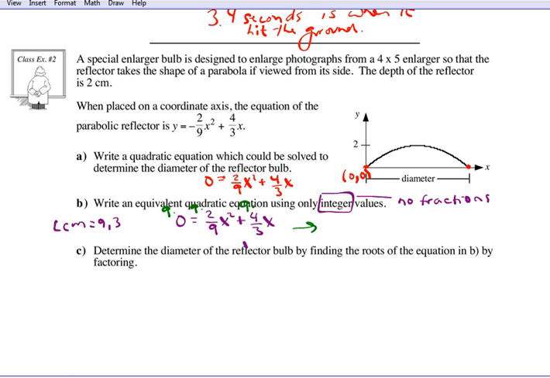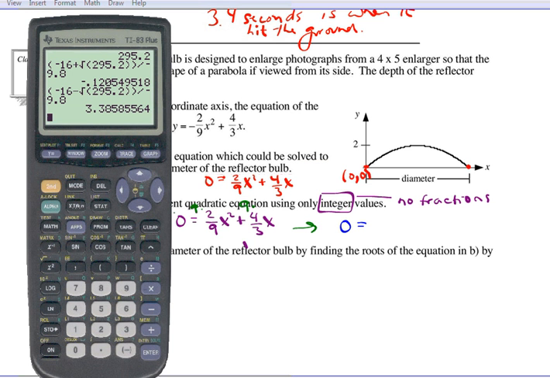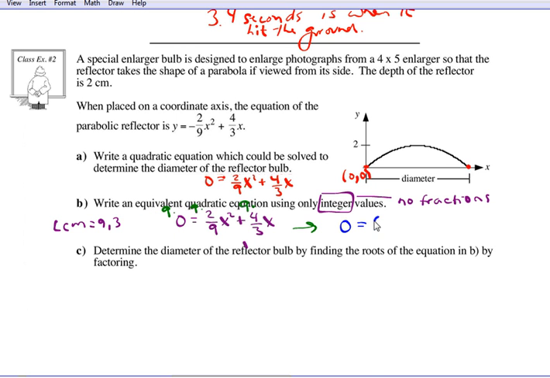So what is 9 times 0? 0. 9 times 2 over 9. Grab your calculator. 9 times 2 over 9. Yeah, because the 9's cancel out. So just 2. So 2x squared plus 9 times 4 over 3, 12x.